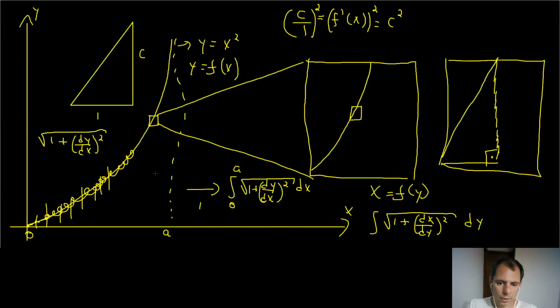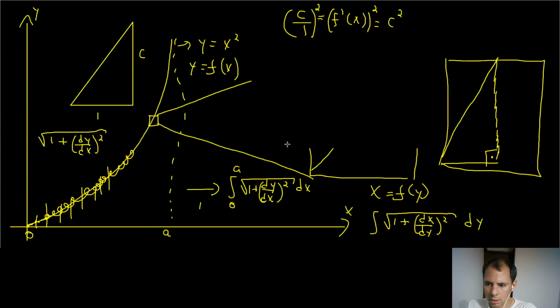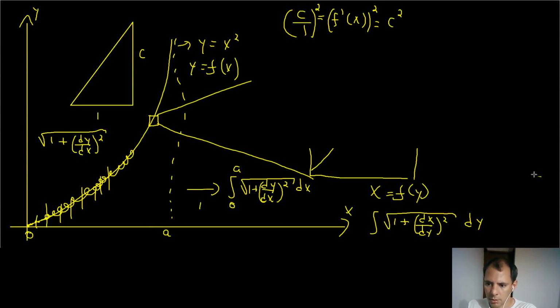But let's just say that this is the case. I know it's a mess, but I don't want to erase this now. I'm going to create some space in here. Okay. If this is the graph, and you have a function like, I don't know, it could be the same function, like this. But instead of having y as a function of x, we have x as a function of y.